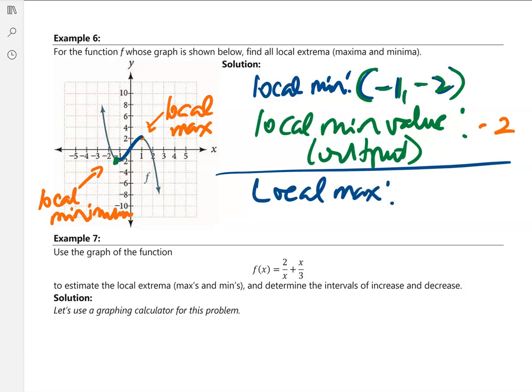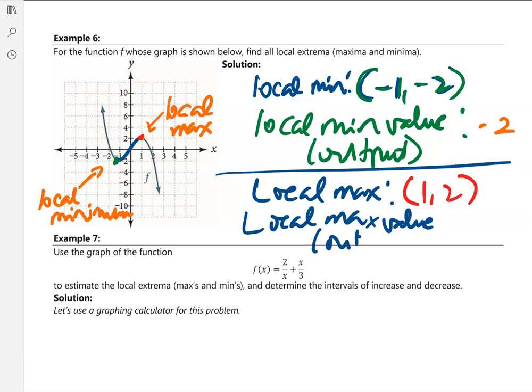Our local maximum is this point, and the coordinates of that point are 1, 2. So the local max value, which is the output, is 2.